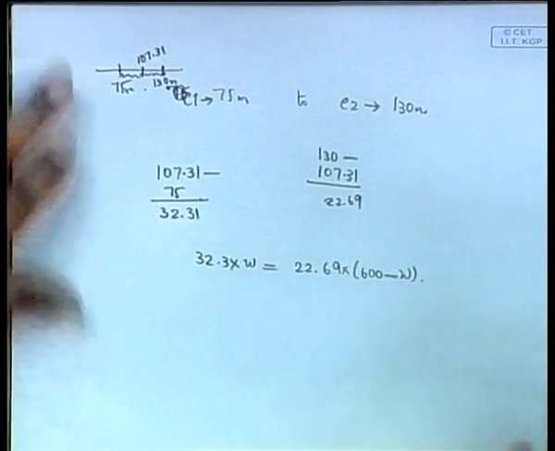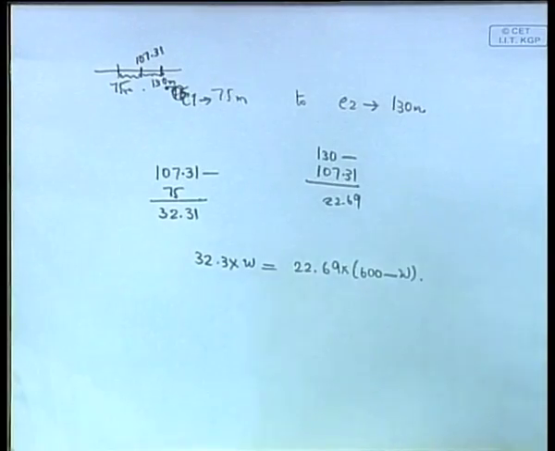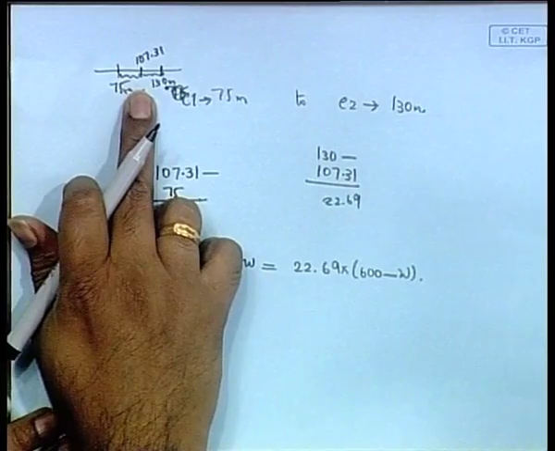Is this clear? All we have done here is, the problem says that there are two tanks, compartment 1 and compartment 2. In compartment 1, I am adding W1 weight. In another tank I am adding W2 weight, such that W1 plus W2 is equal to 600 tons. That is given, but we do not know how much is added in each of them. Now, from our first part, we saw that the net center of gravity of the weight added is at 107.31.